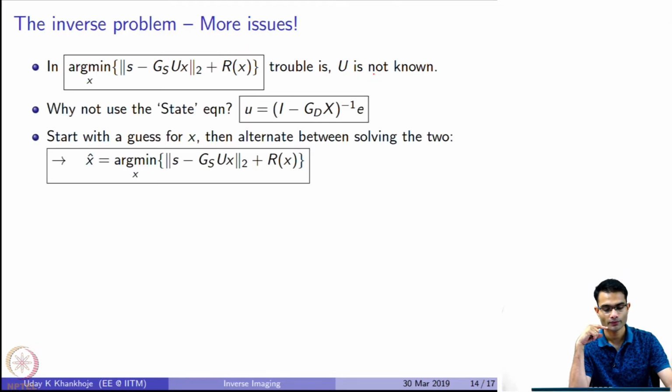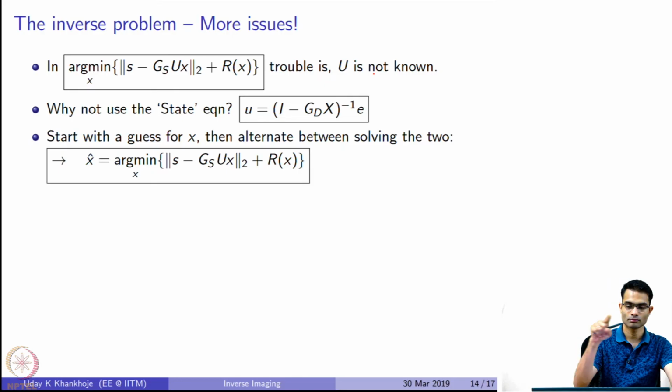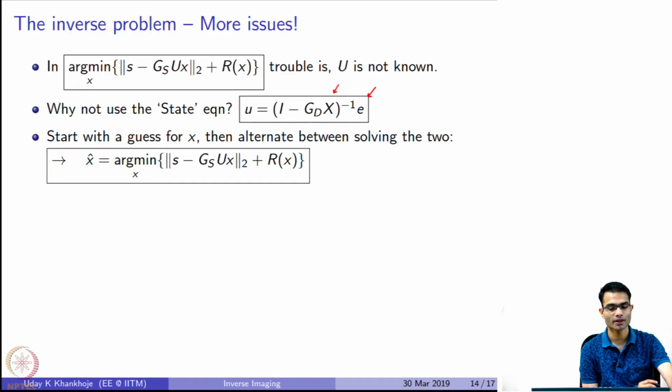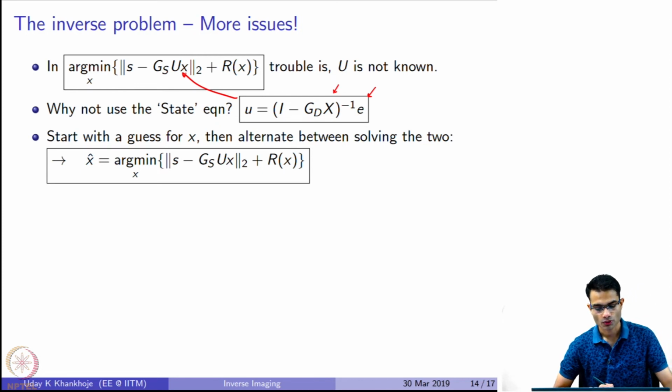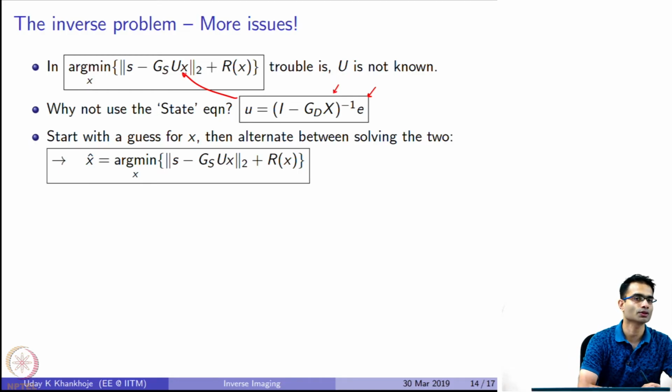So you may say that okay, U is not known, no problem. I have a state equation. That state equation told me that there is a relation, using the matrix G_D. So if you give me E and if you give me x, I can estimate U, and that U I can take and put in over here. So what can be a strategy to solve this problem?